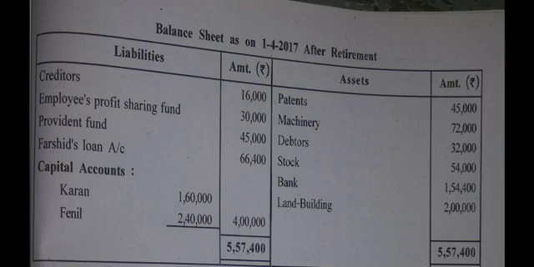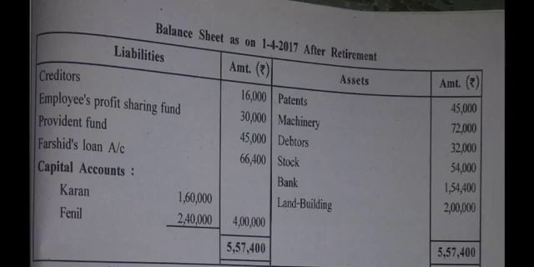Alright. So finally, the last step is that your balance sheet should tally. This is the main thing. Yes. So 5,57,400 is the total for both the sides. This is going to be the sure thing once you have solved this sum with due care and complete attention. Yes? So this completes your sum.